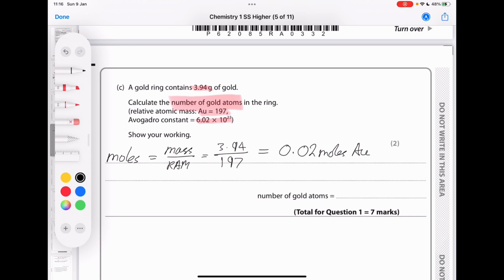I know that 1 mole of anything contains the Avogadro number of particles or atoms or ions or whatever I'm talking about here, and therefore the number of gold atoms is just 0.02 multiplied by the Avogadro number, which is 6.02 times 10 to the 23, which should give me a final answer of 1.204 times 10 to the 22.